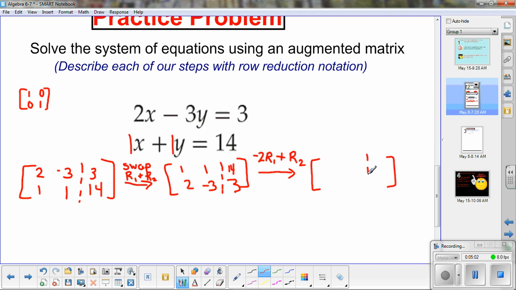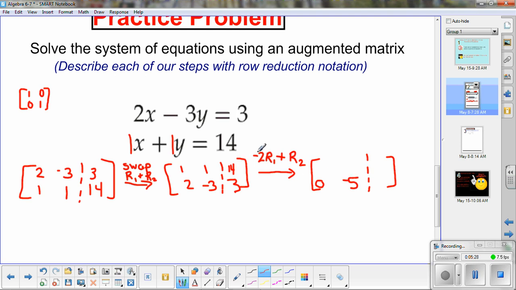So let's go ahead and perform that operation. So if I take this top row and multiply it by -2 and then add it to this one, 1 times -2 is -2, and then add -2 to 2 and you get 0. -2 times 1 is -2. -2 added to this row is -5.